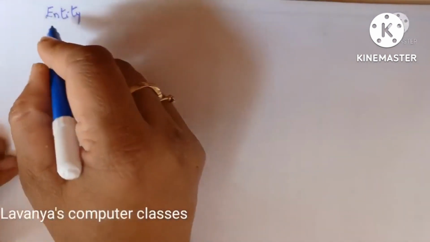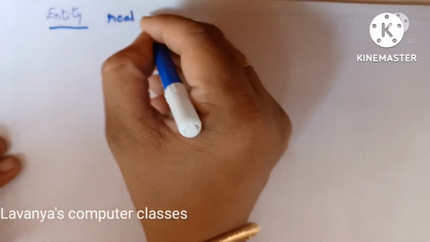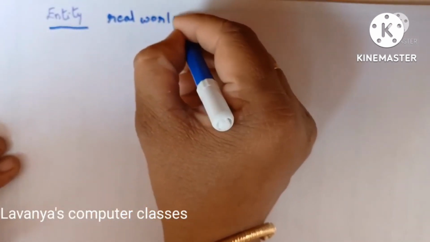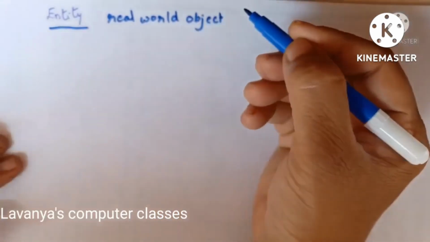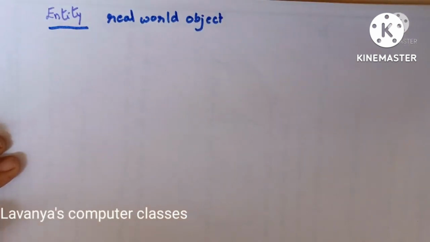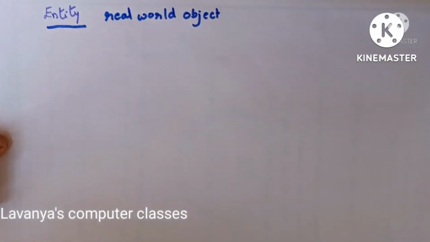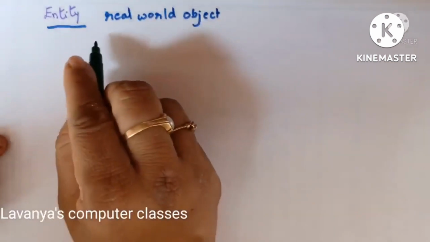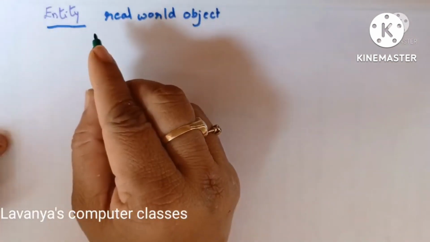So what does entity mean? An entity is a real world object that is distinguishable from other objects. Everything is known as an entity. Among real world objects, apple, mango, student, employee, person, everything is known as an entity.